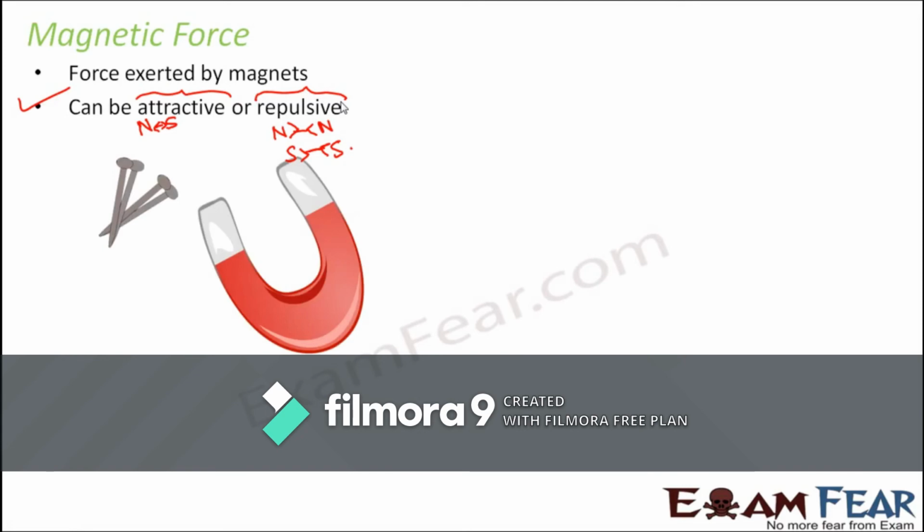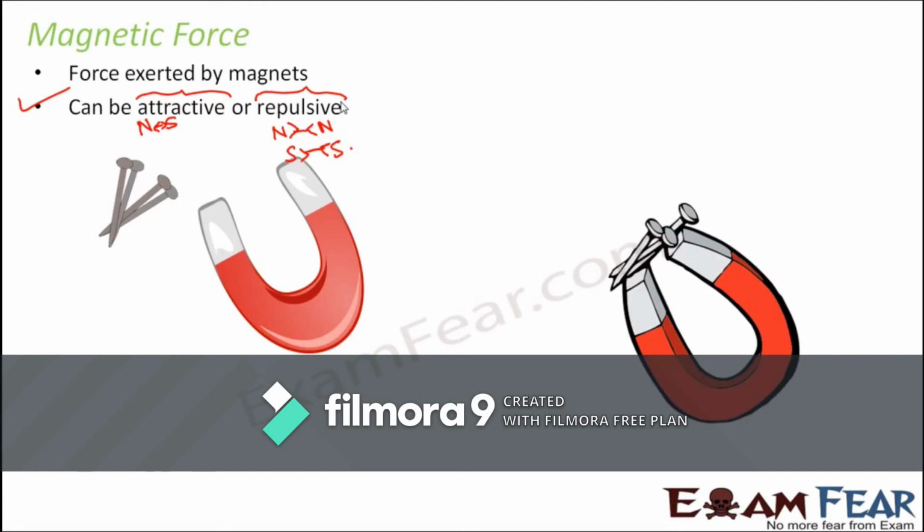So let us think of some examples where you see these kinds of magnetic forces. Now let us suppose you have a magnet and bring some nails near it. The nails get attracted by the magnet. Correct? So in this case, the nails are one object, the magnet is another object.